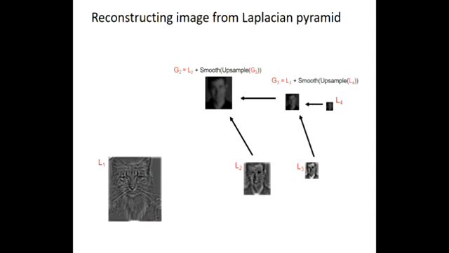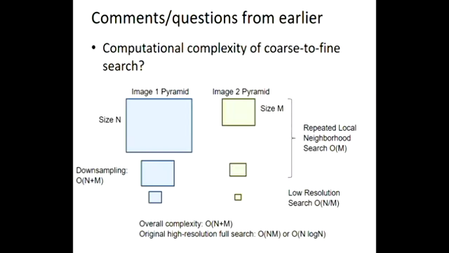Okay. Another thing I forgot: I think I said this was n log n last class. It should actually be O of n plus m if you have two images and you're doing coarse-to-fine alignment using two pyramids, just doing translation.